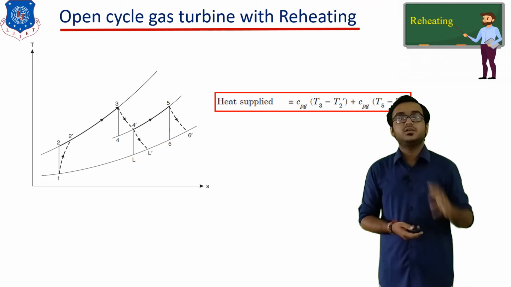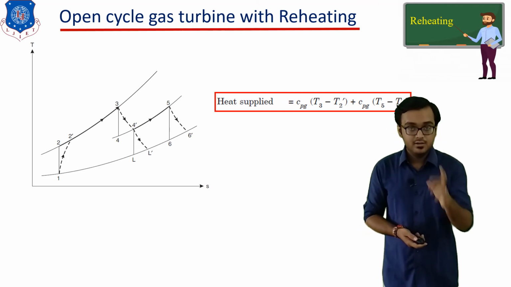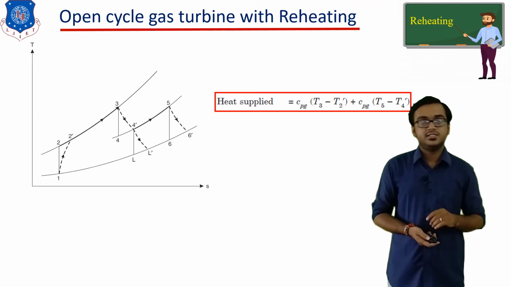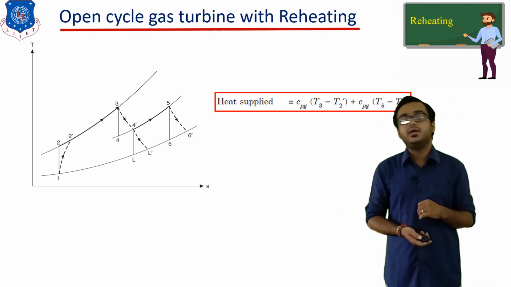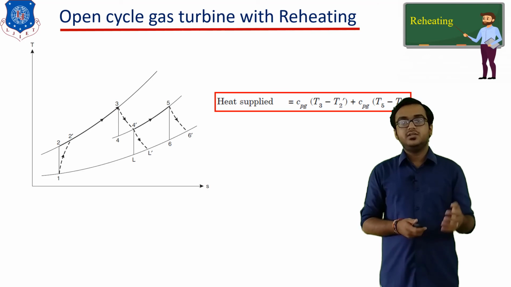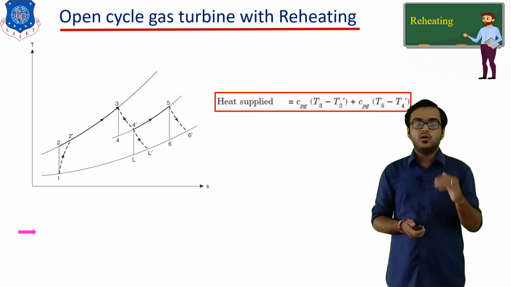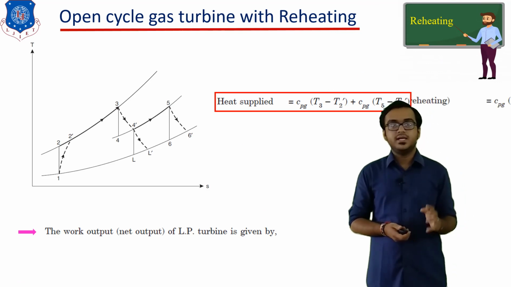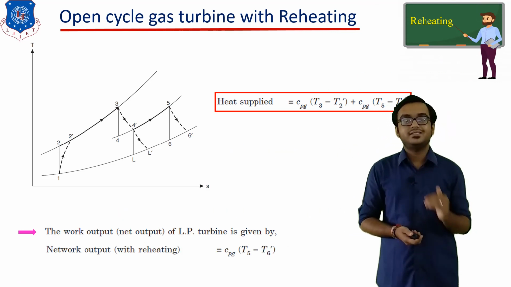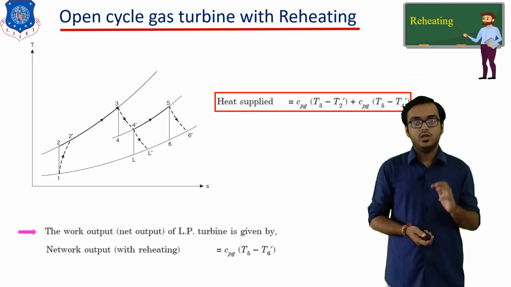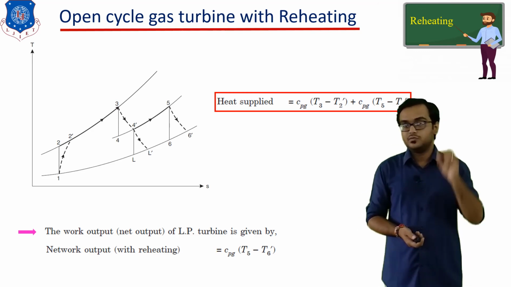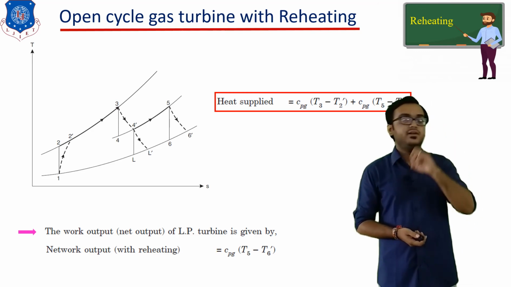So total heat supply for unit mass is given by Cpa(T3 minus T2') plus Cpa(T5 minus T4'). Then the work output of the low pressure turbine is given by Cpa(T5 minus T6'), where T5 is the entry temperature of the gas and T6' is the leaving temperature.